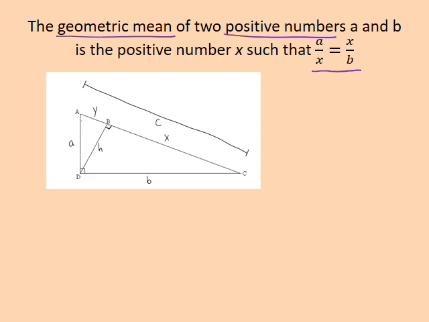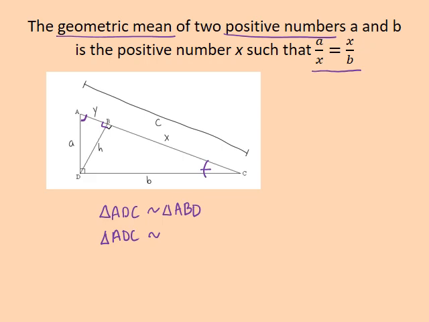So if we look at the big triangle, triangle ADC, which is the very large triangle, we know that triangle ADC is similar to triangle ABD because they both share A, and then we need to go to the right angle, B. We also know that triangle ADC is similar to triangle.